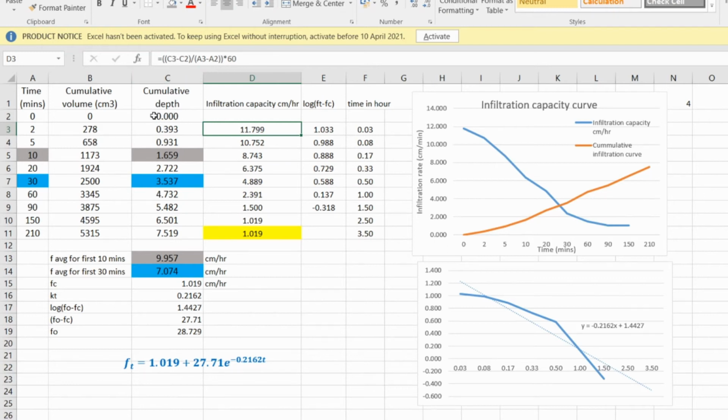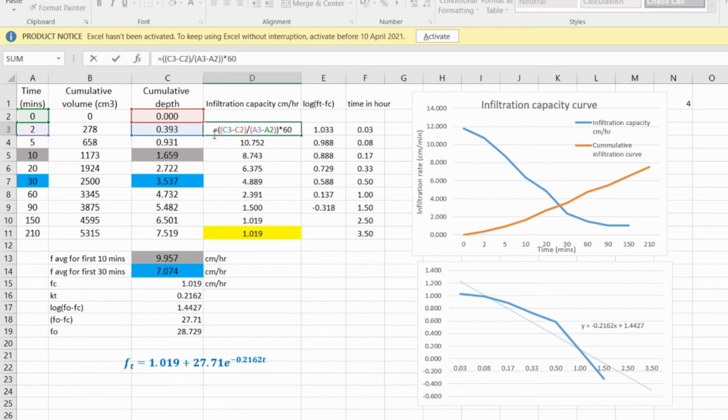As you can see in the formula bar, if I double click over here, you can see the formula: C3 minus C2 divided by the time duration, which is 2 minus 0, represented by the A3 and A2 cells. Now this will give me the infiltration capacity in terms of centimeter per minute.